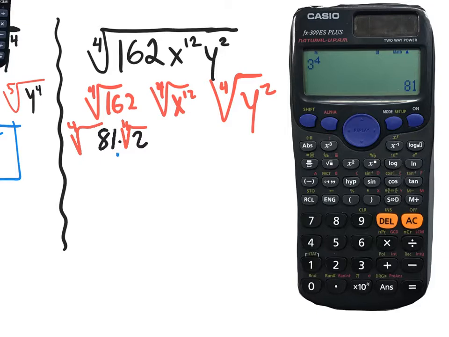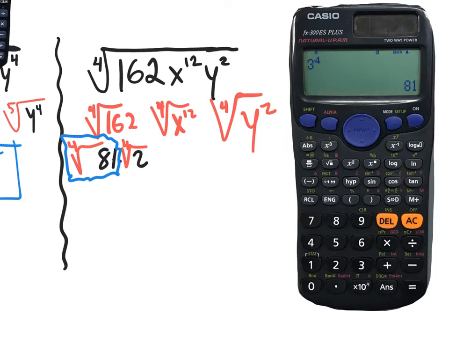And now I could actually do the fourth root of 81. What's the fourth root of 81? 3. Looking at our calculator, 3 to the fourth is 81, so the fourth root of 81 is 3. So you're going to end up with the 3 right here. And we still have the fourth root of 2 on the inside of the radical.